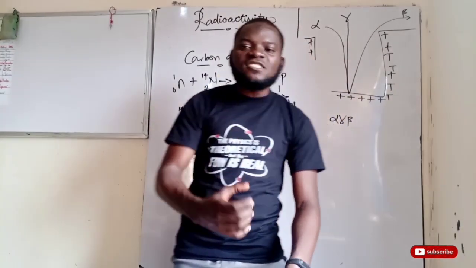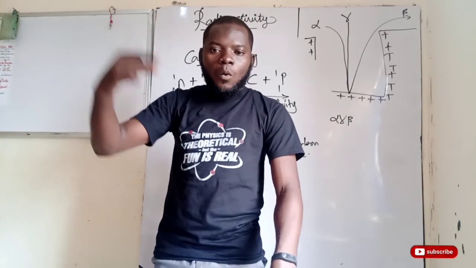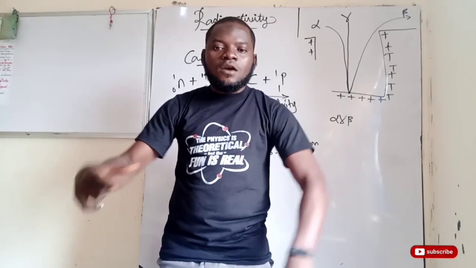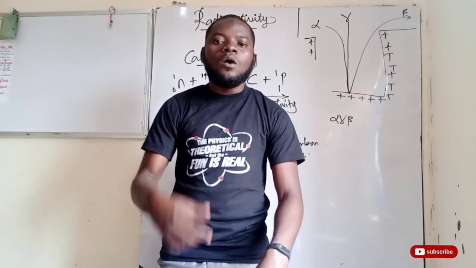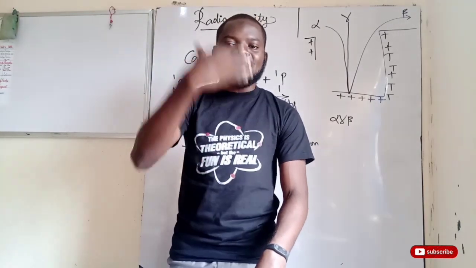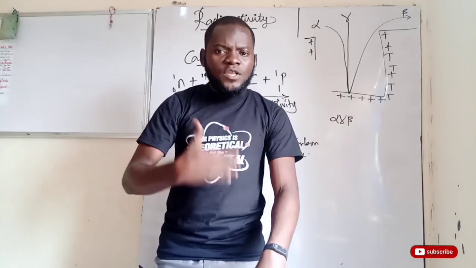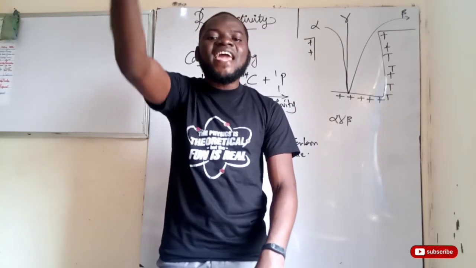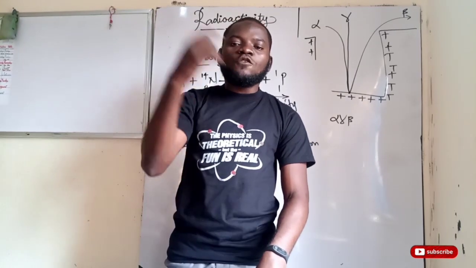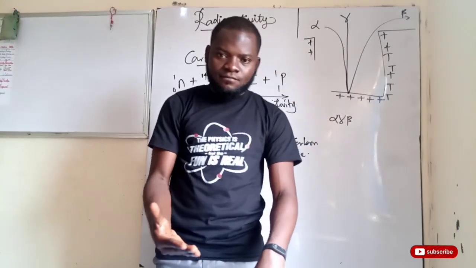You will compare it to what he had when he was on the surface of the earth. When we put it into the formula that we are going to be introduced to as we go on, then we can determine the time that he died. That is what we use carbon dating for, to determine the age of something that has died, in order for us to know since when it died.